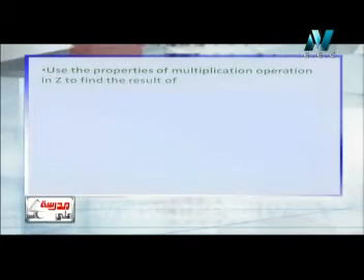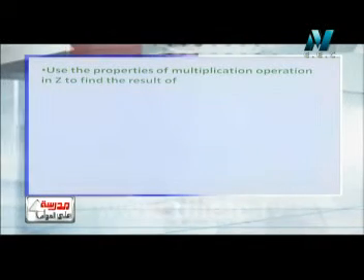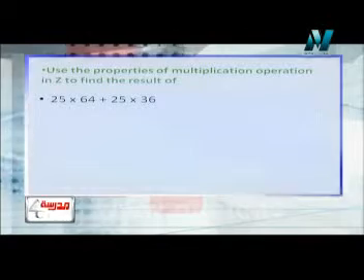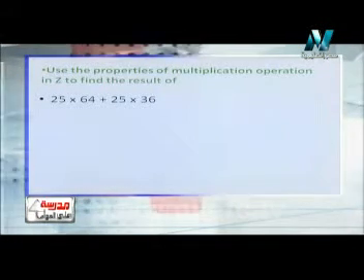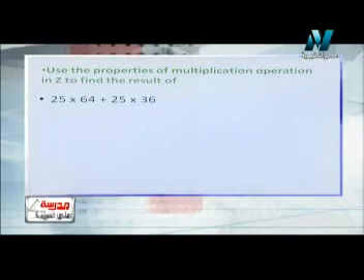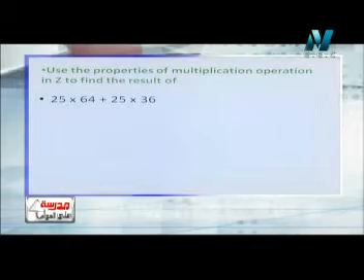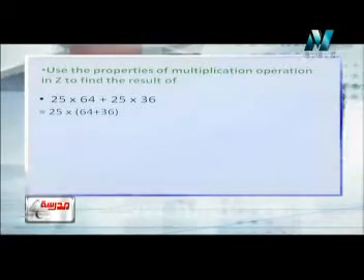The next one. Use the properties of multiplication operation in Z to find the result of 25 times 64 plus 25 times 36. This property is distribution. We will take 25 out of bracket. 25 is repeated.